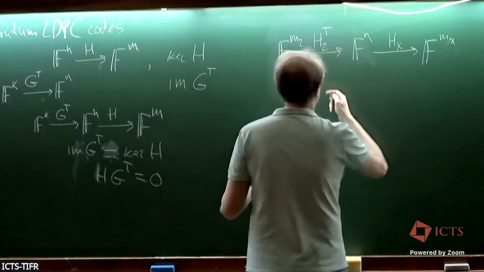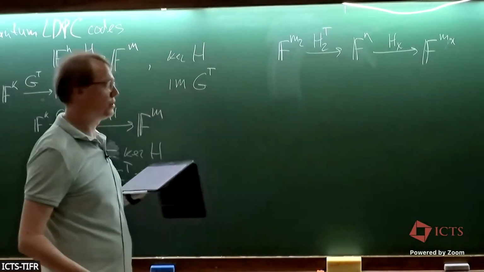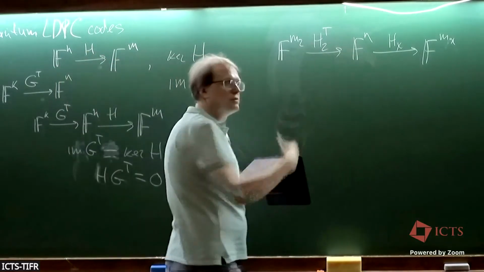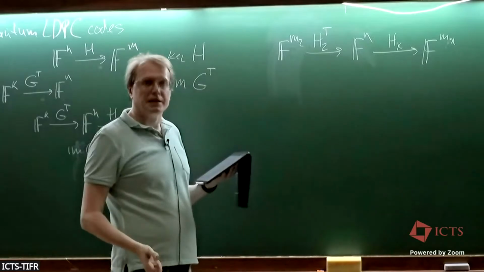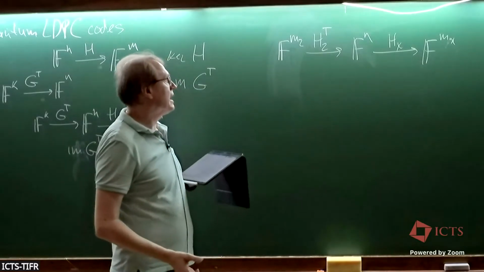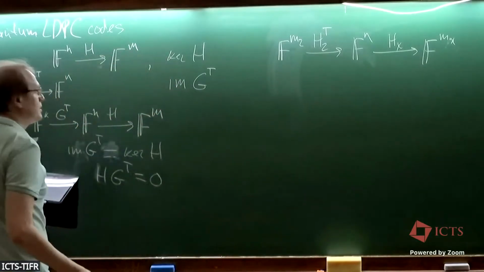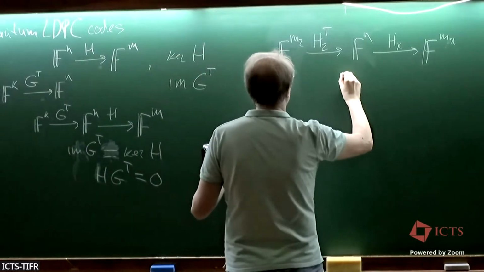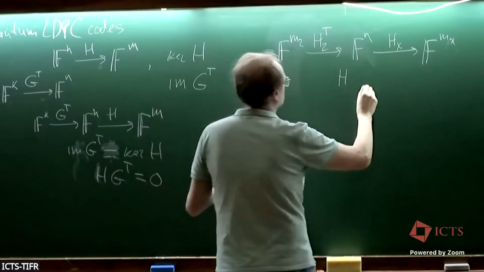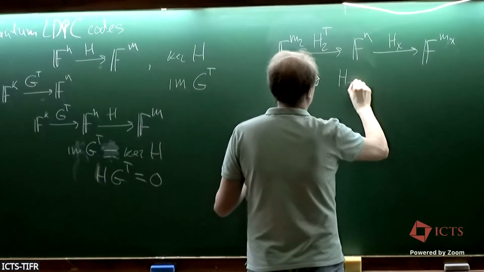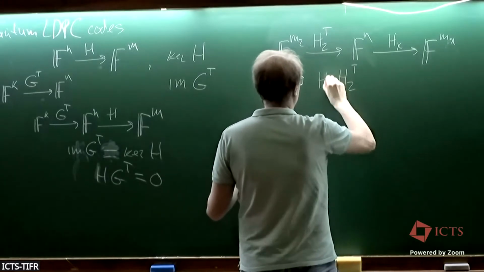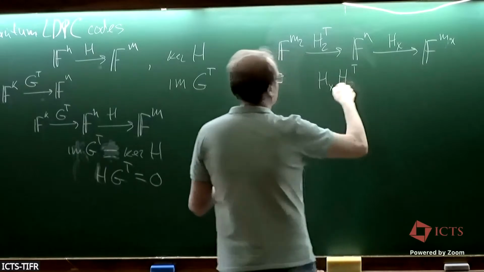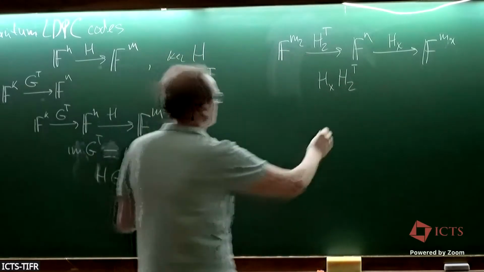And now we consider a more general situation. So we have two binary matrices, and they have a similar property. We require that HX multiplied by transposed HZ equals 0.